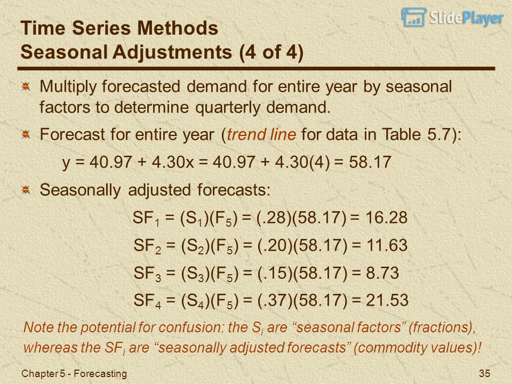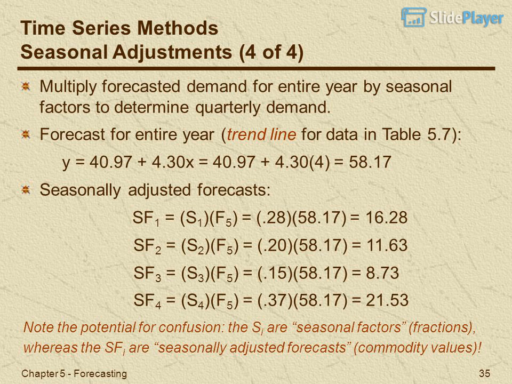SF3 equals S3 F5 equals 0.15 × 58.17 equals 8.73. SF4 equals S4 F5 equals 0.37 × 58.17 equals 21.53. Note the potential for confusion: the seasonal factors are fractions, whereas the seasonally adjusted forecasts are commodity values.